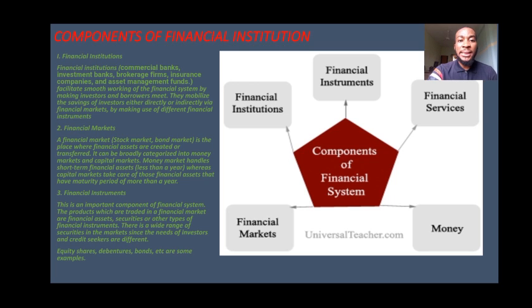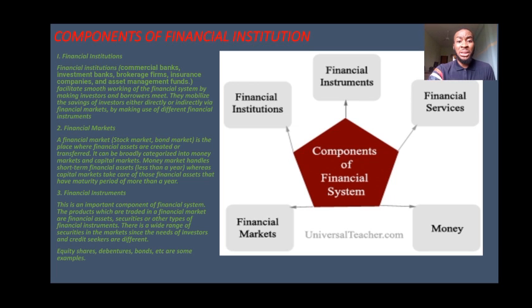They mobilize the savings of investors, either directly or indirectly via financial markets, by making use of different financial instruments. I've made mention of financial markets, money markets and capital markets.